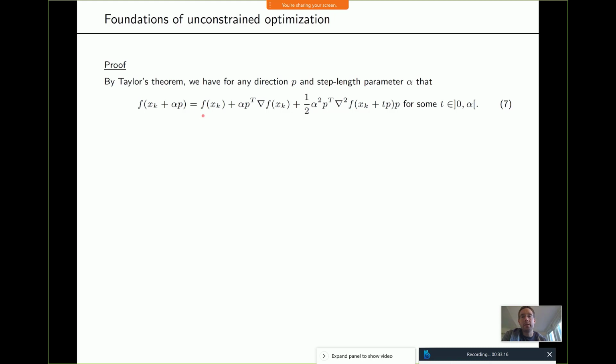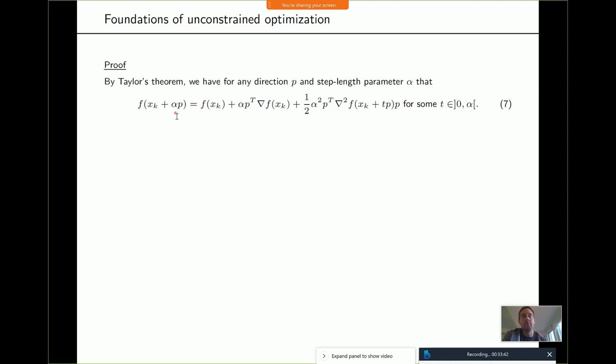And we can write this according to the second order Taylor theorem in mean value form as the value of the function f at xk plus alpha p times the gradient at xk plus 1/2 alpha squared p transposed times the Hessian at xk plus tp, where t is somewhere between 0 and alpha.